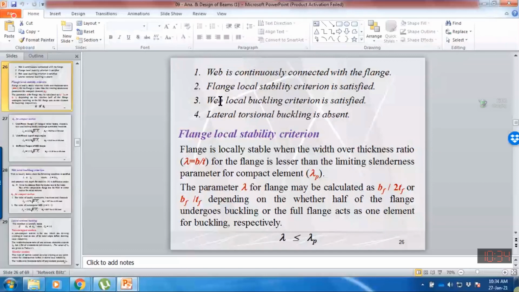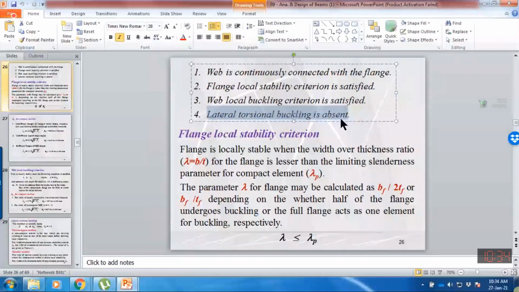It means that the class of the beam section may only change due to the lateral torsional buckling criteria or unbraced length. If the unbraced length is less than Lp, our section will be compact. If the unbraced length is more than Lp but less than Lr, our section will be non-compact.